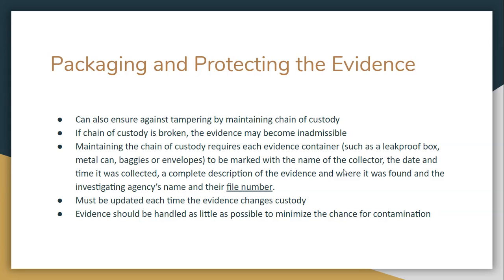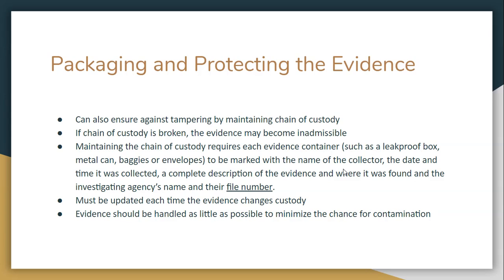And then again, you have to maintain your chain of custody, because if you break that, then the evidence becomes inadmissible. So each evidence container, each box, can, baggie, envelope, has to be marked with the name of the collector, the date and time it was collected, a description of the evidence, where it was found, the investigating agency's name, and the file number.